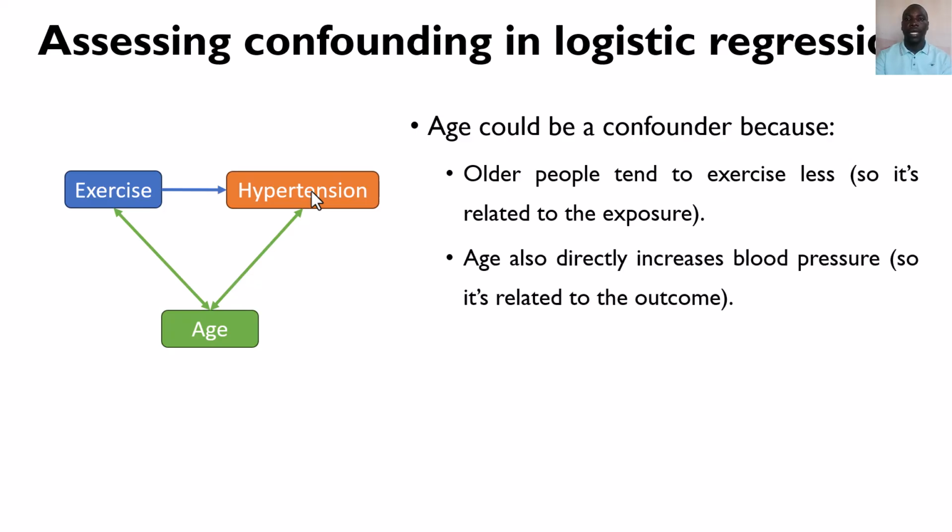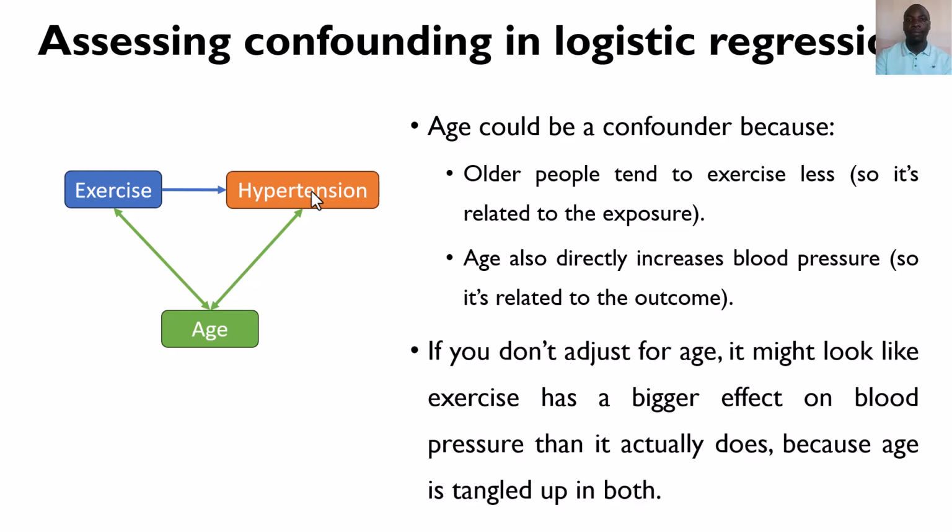But also, age directly increases blood pressure. So still age is associated with your outcome. A confounder is a variable that is related to both the independent variable and the outcome variable. So if you do not adjust for that variable, age, it might look like exercise has a bigger effect on hypertension than it actually does.